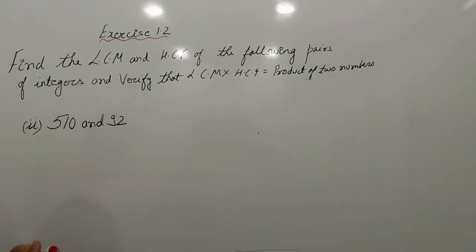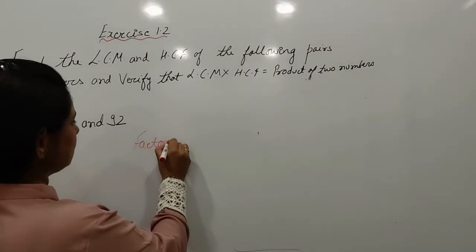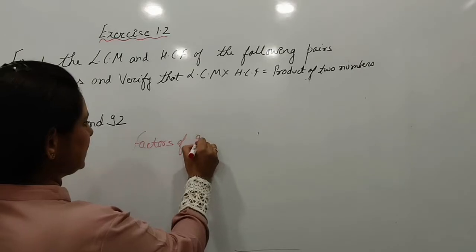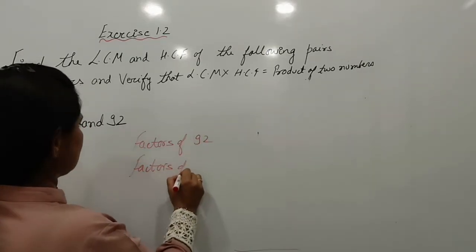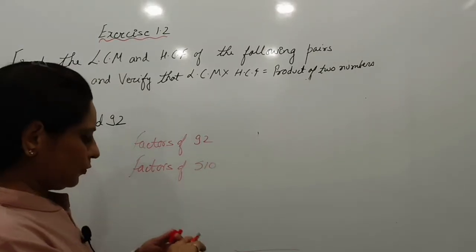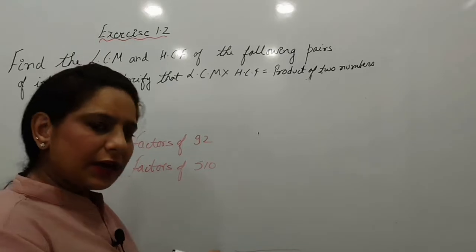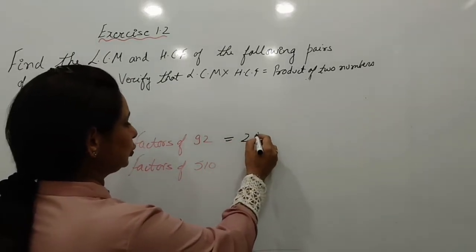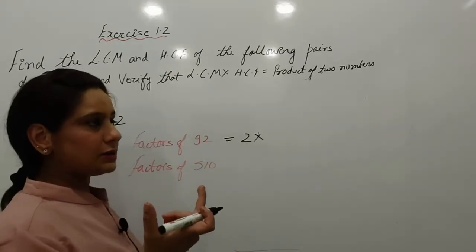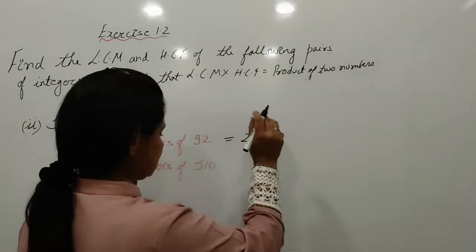Now, moving to the second part, you have to find the HCF and LCM of 510 and 92. So let us take the factors of 92 and the factors of 510. So let us start with the 92 one. In 92, obviously the first factor is 2, and when we divide 92 by 2, we get 46.